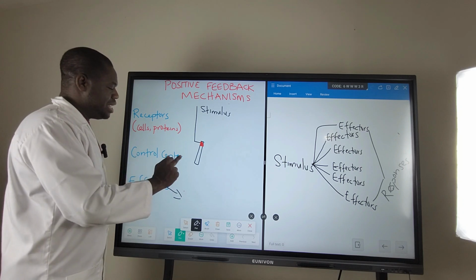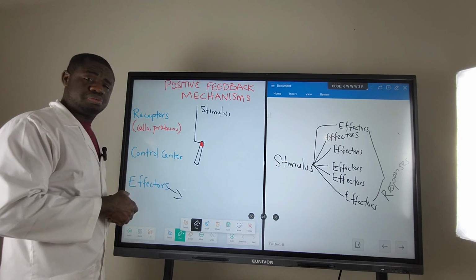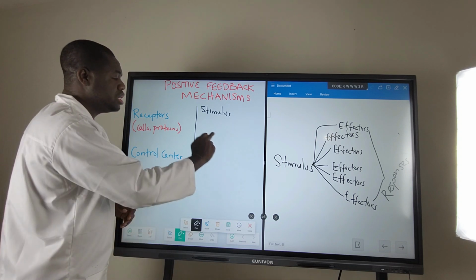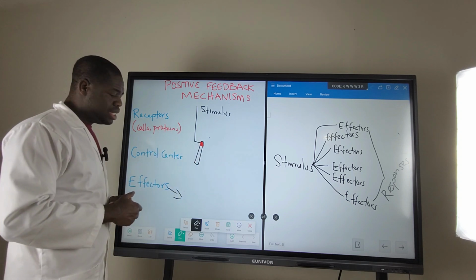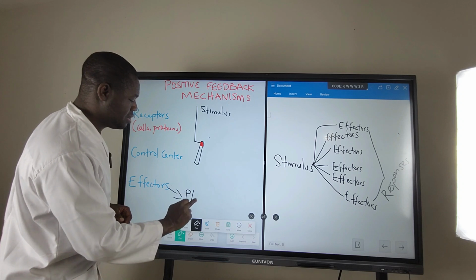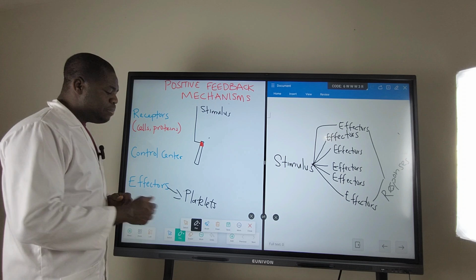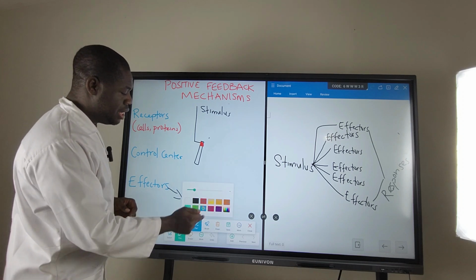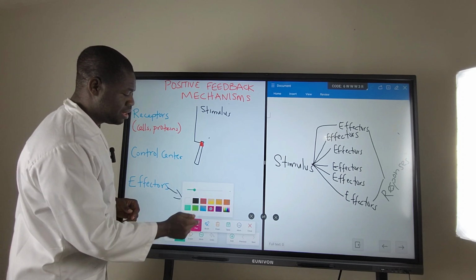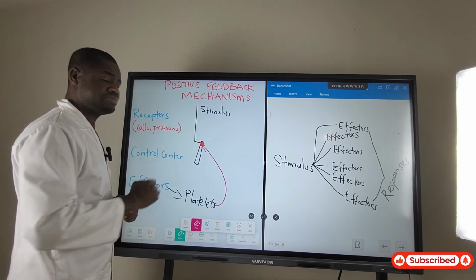And it instructs the effectors to respond to the situation. In this case, the effectors are the platelets. The platelets migrate to the bleeding site.